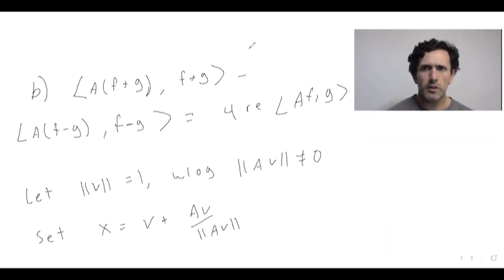Okay, so what we're going to do is set F to be V and G to be AV over the norm of AV. So I want to look at F minus G, which is just V minus AV over the norm of AV, and I'm going to set that to be Y.